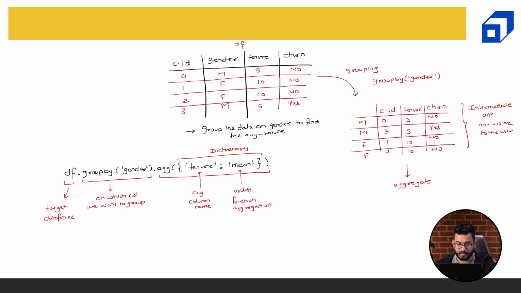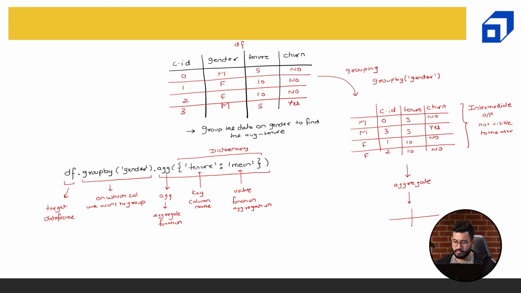And this particular dictionary is a part of the aggregate function. So AGG is my aggregate function, right?